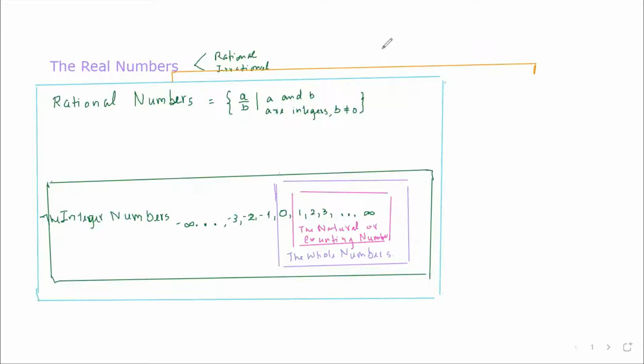So this one is an irrational number. Okay, so now I draw in the box.